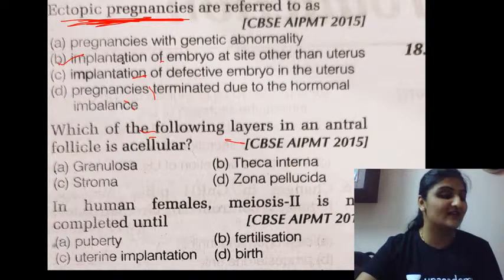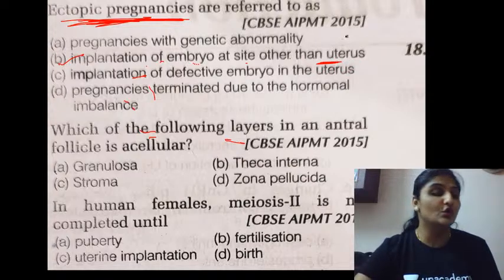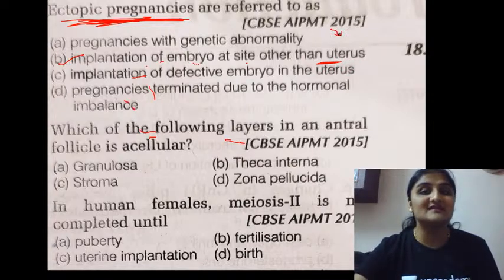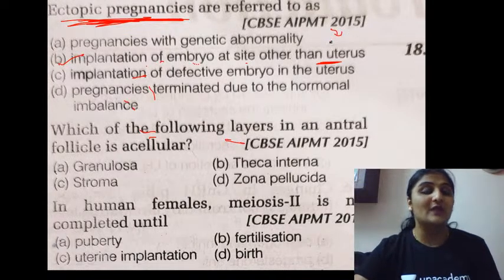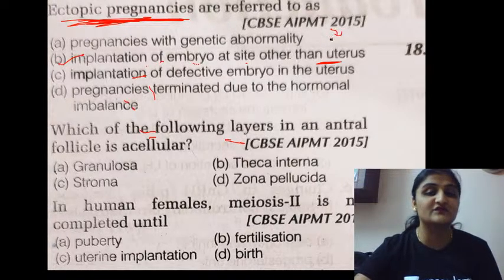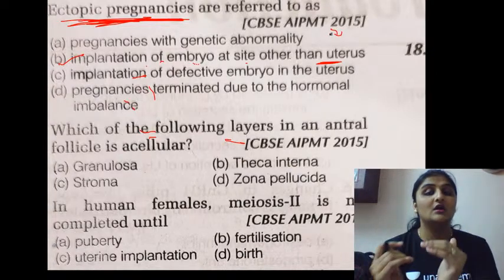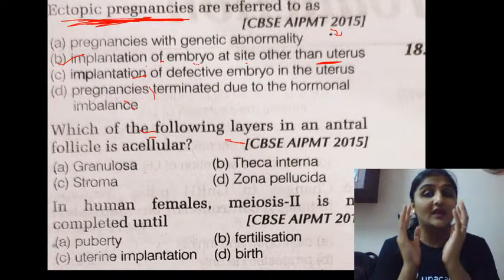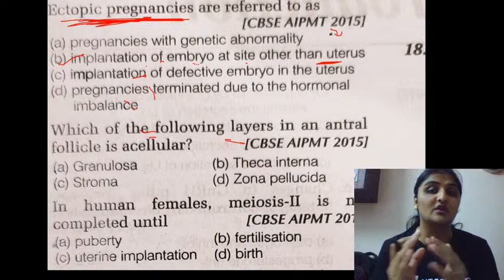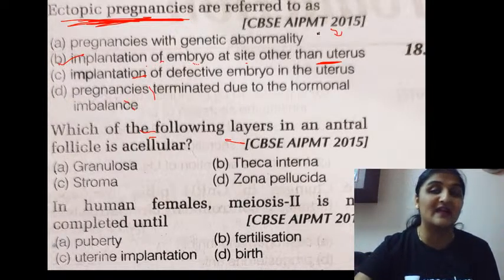B is the answer, correct. Implantation of the embryo at a site other than the uterus. You know, after fertilization there are stages called morula and blastocyst. The blastocyst, or trophoblast, the group of cells, comes into the uterus, and there the cell division takes place, and in the endometrial wall of the uterus the embryo is going to implant itself for the further 9 months.